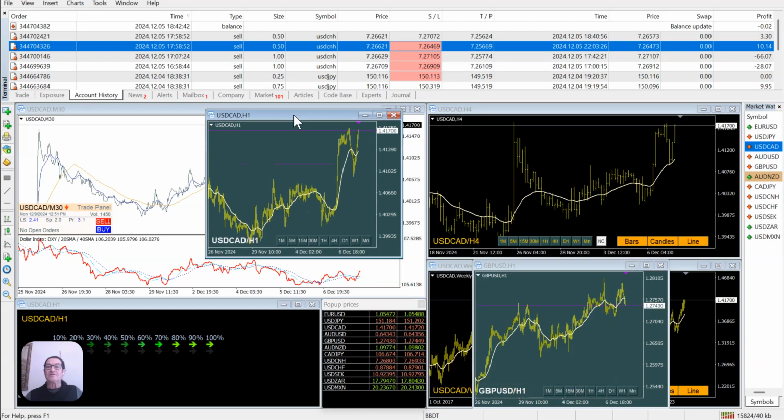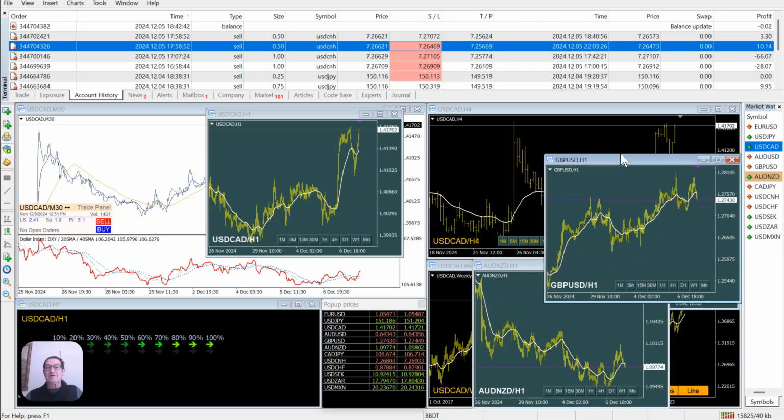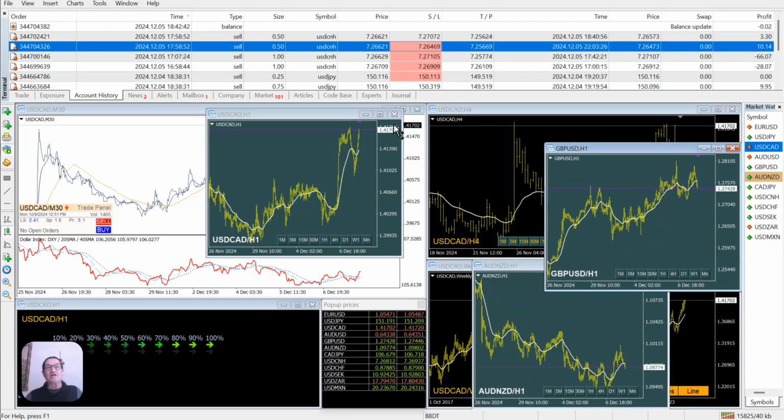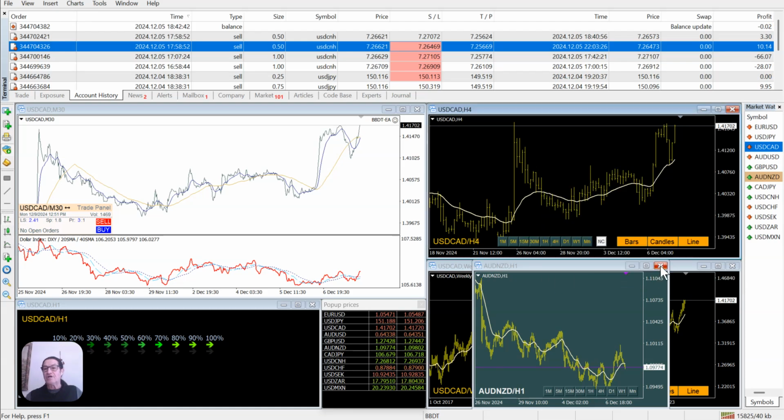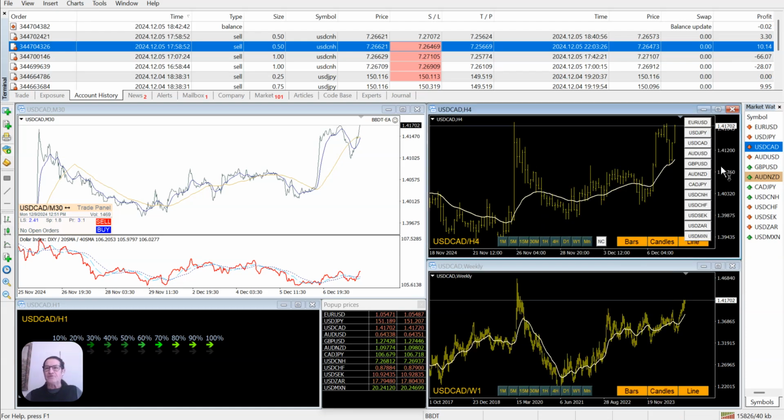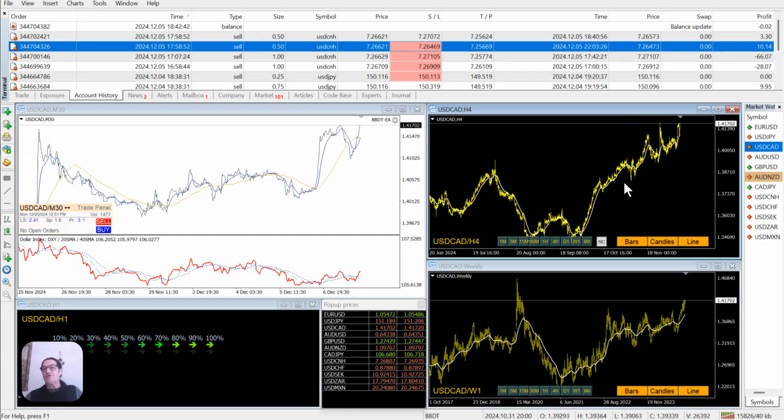I just opened several, and I can do all of that research. To get rid of this, I merely click the new chart button again, and it disappears. So this is one massive time saver and comes in very, very handy.